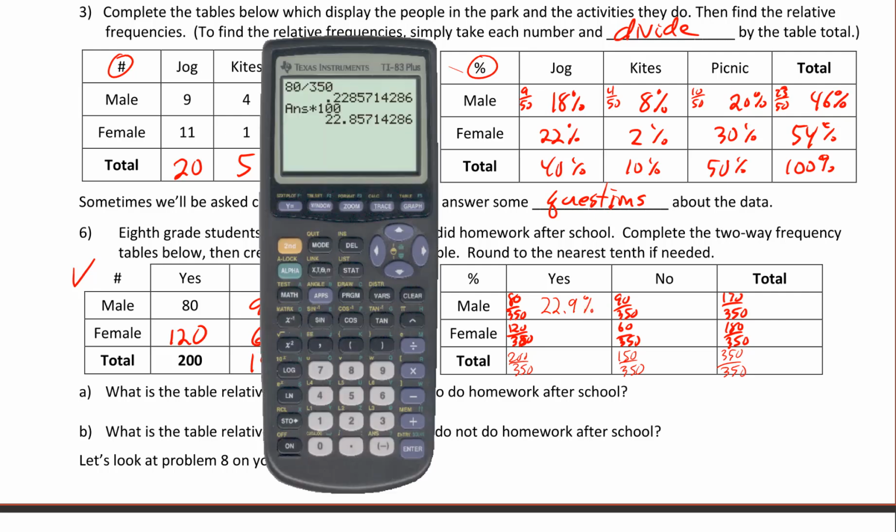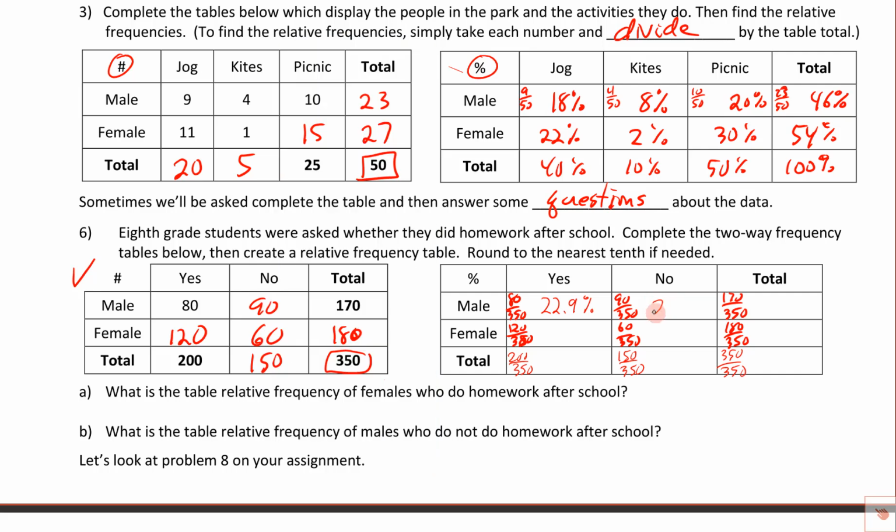So I'm going to go through and do a couple more here, and then I'll fill in the rest of the table. So we're going to do 90 divided by 350. Move the decimal over 2 places, so this is going to be 25.71, so that's not enough to bump it up to an 8, so that's going to be 25.7, so 25.7%.